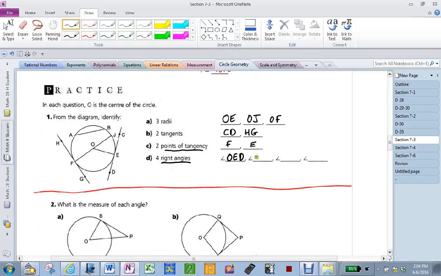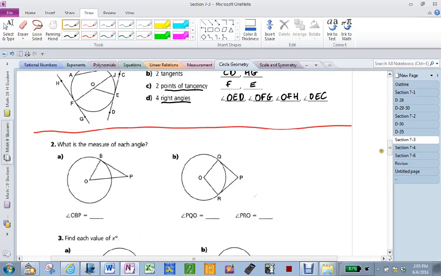What's another one? OFG. And of course GFO. Give me another one. OFH, and of course HFO, and give me another one. OEC, and of course CEO. Very well done, ladies and gentlemen.